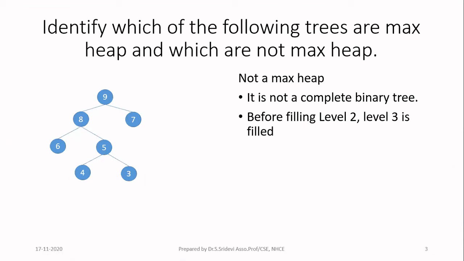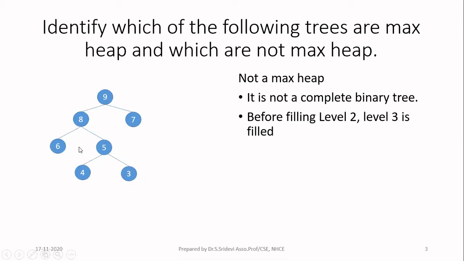When you check the complete binary tree, in level 0, we have 1 node. In level 1, we have 2 nodes. But in level 3, we have only 2 nodes. It is partially filled, but in level 4 also we started filling. The rule of the binary tree is other than the last level, all the levels must be completely filled.